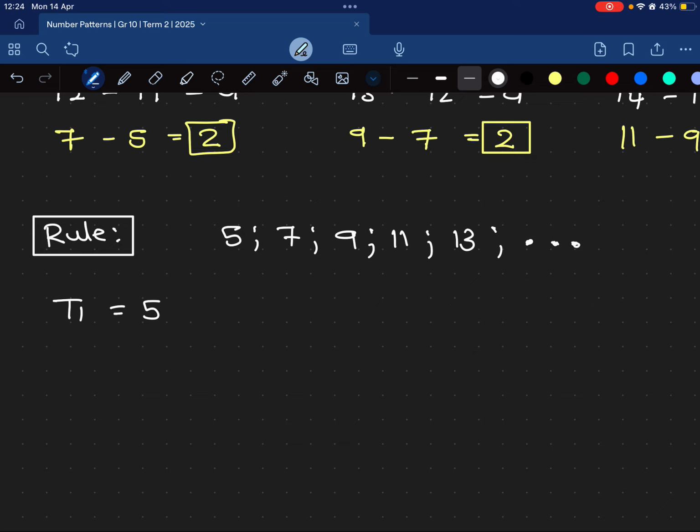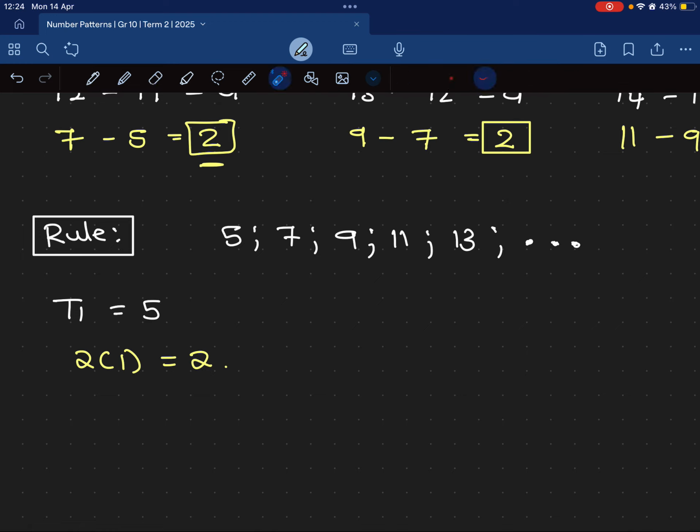Because if I know the common difference is 2, then I know that 2 multiplied by 1 is going to be 2. Goodness.